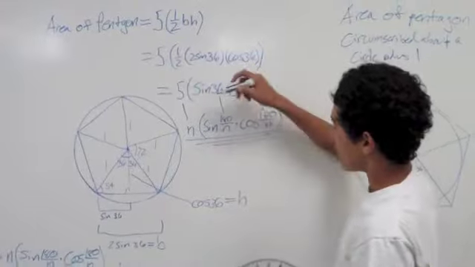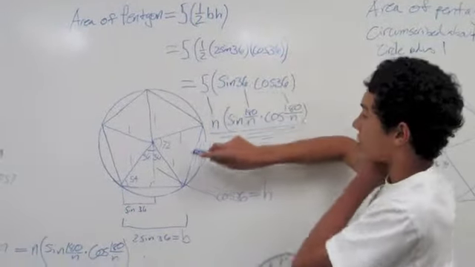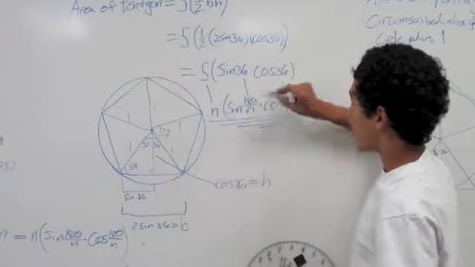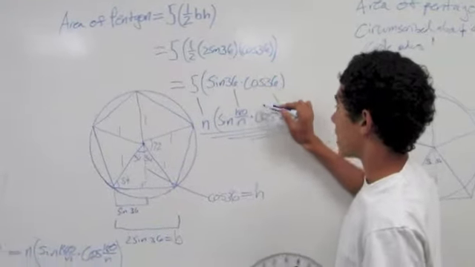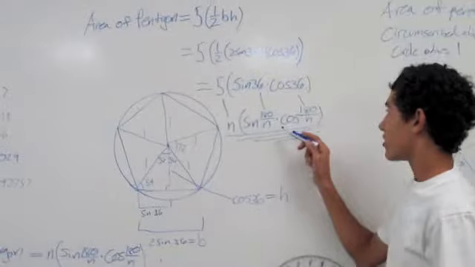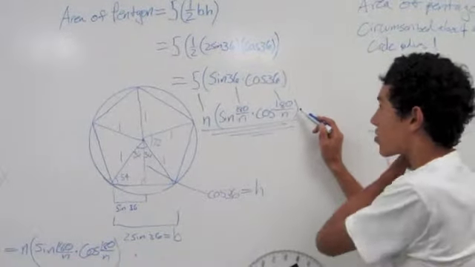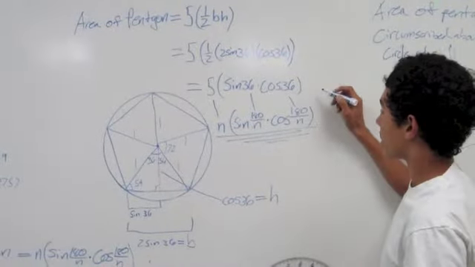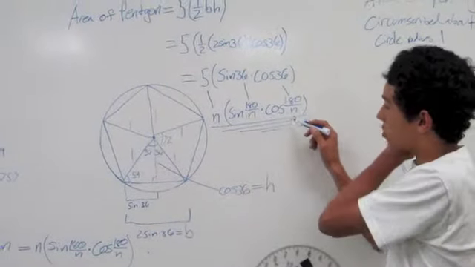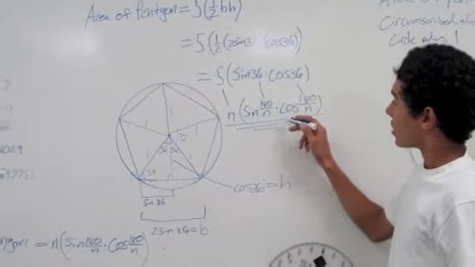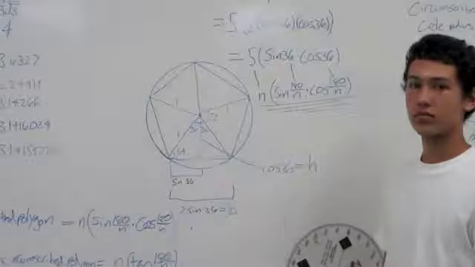And what you may notice is that 5 is the number of sides, which is n, and the angle 36 is 180 divided by n, so 180 divided by 5. And same with cosine. So this is where we really get the equation n multiplied by sine 180 over n times cosine 180 over n.